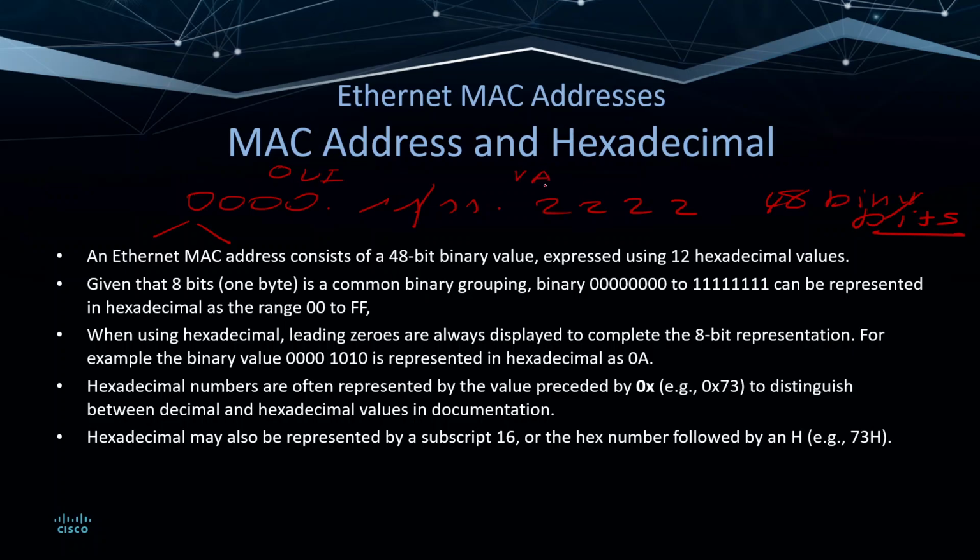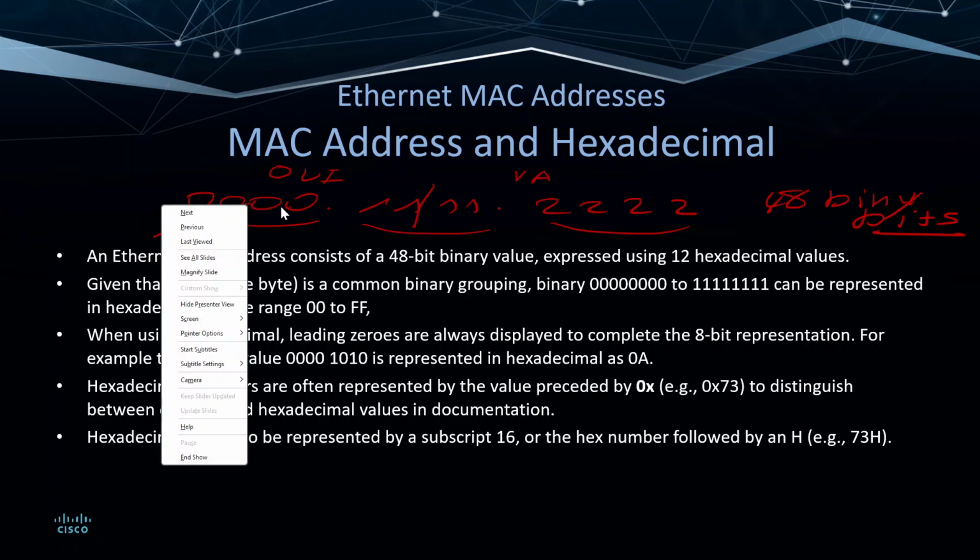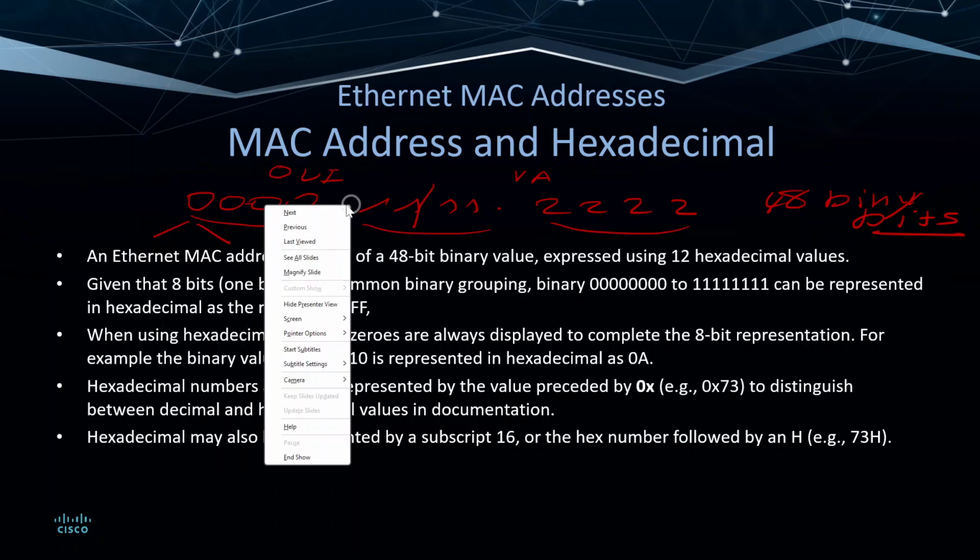The vendor assigned portion is also assigned by an organization. So the first 24 bits are the organizationally unique identifier, and the second 24 bits are vendor assigned. Cisco notation writes 4 digits and a dot, 4 digits and another dot, and 4 digits. Microsoft notation uses 2 digits and then a dash. After each 2 digits there is a dash.